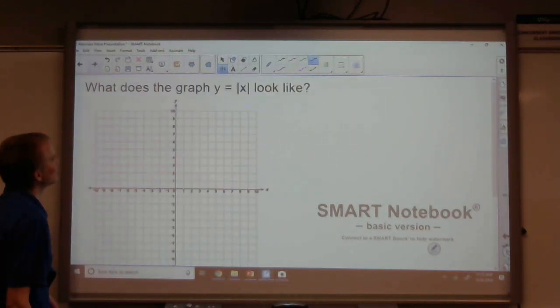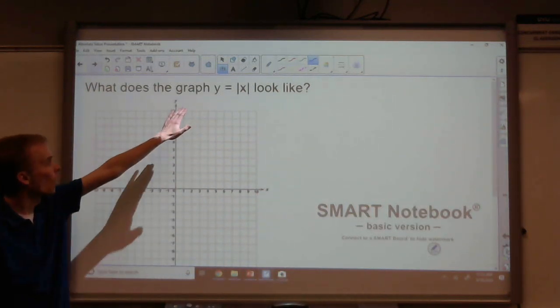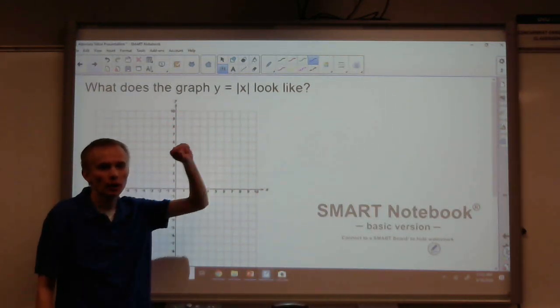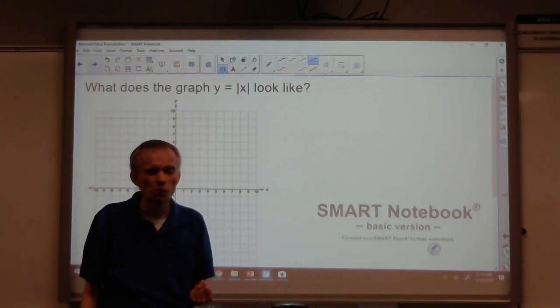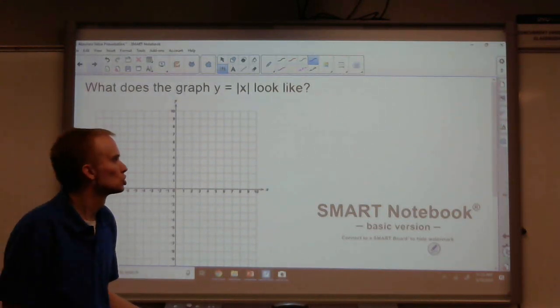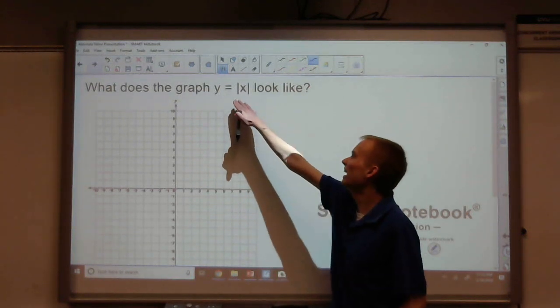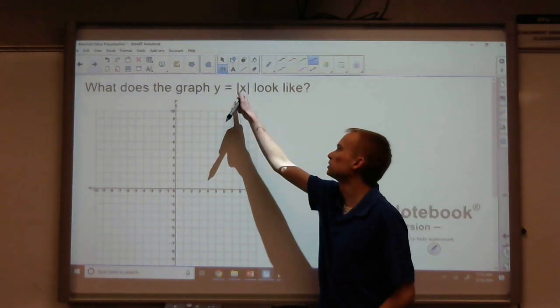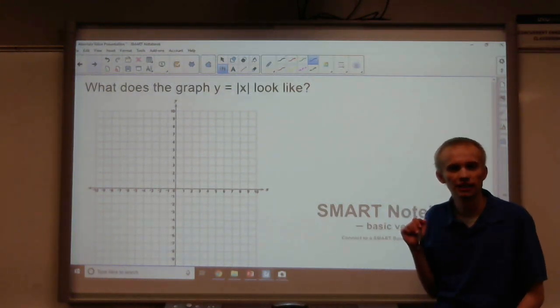So that leads us to ask, well, if I were to throw an absolute value in the equation and then graph it, what would that look like? Okay? So that's what we're going to look at now: if I had y equals the absolute value of x, what is that going to look like when I graph it out?